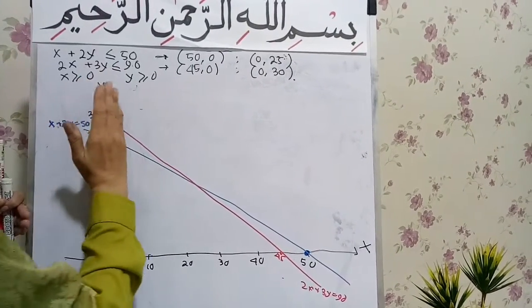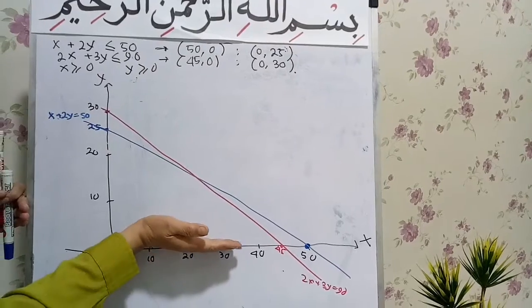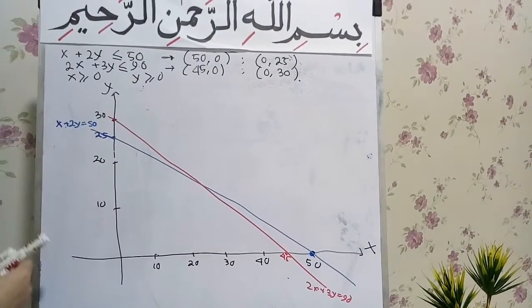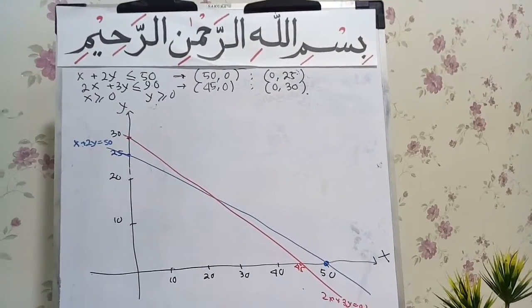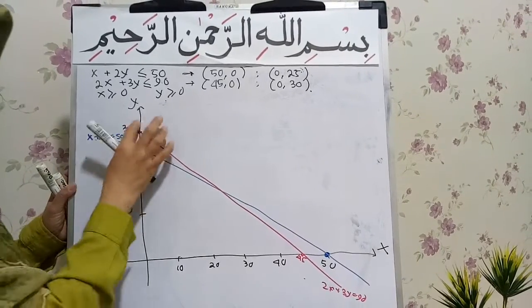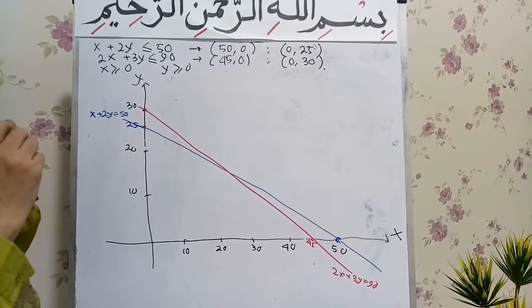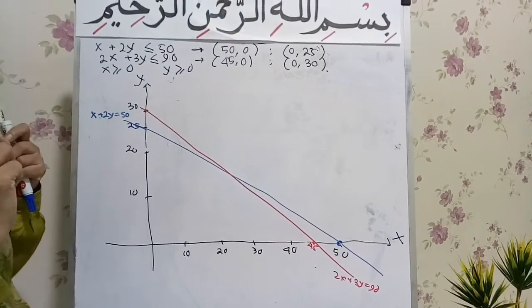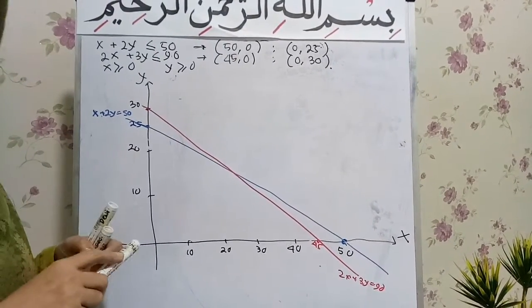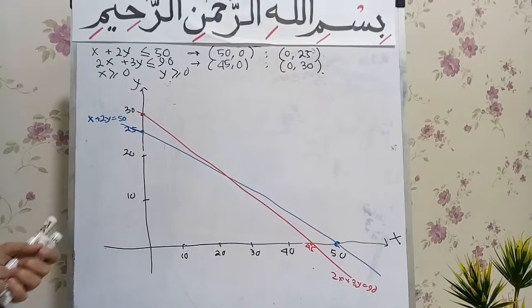So we have y over here, and x over here, right? Now we have 1, 2, 3, 4 points, right? So now we have to get the solution region.